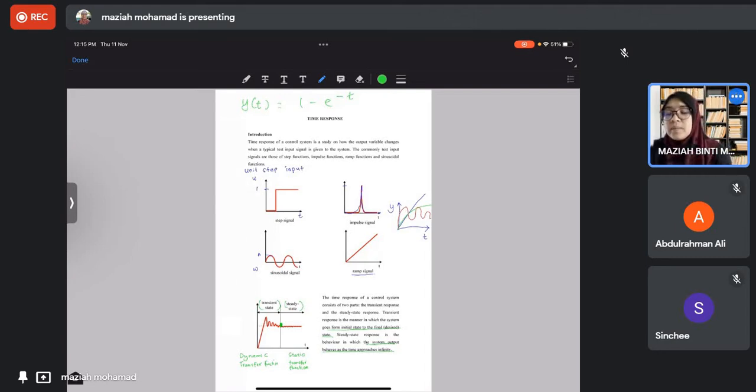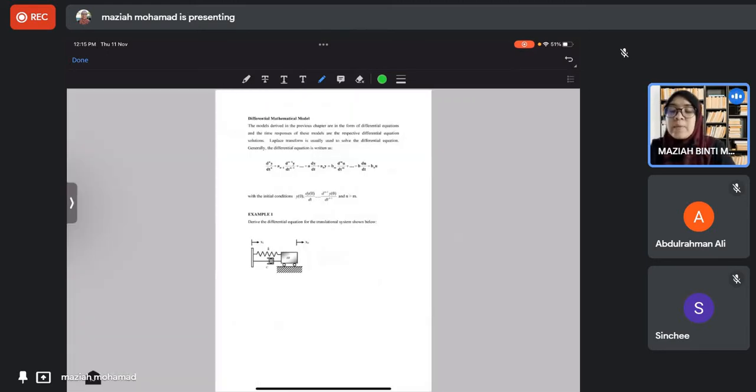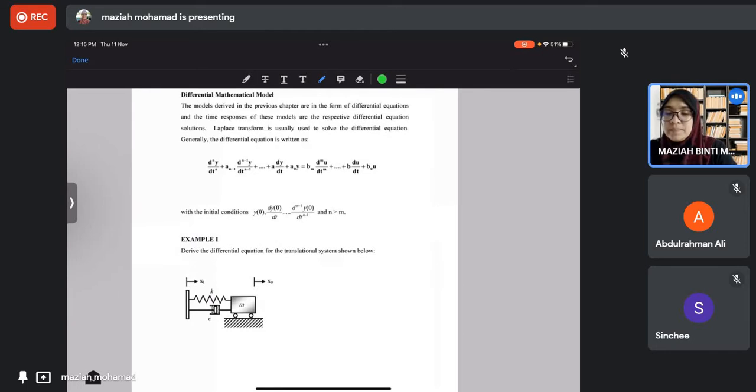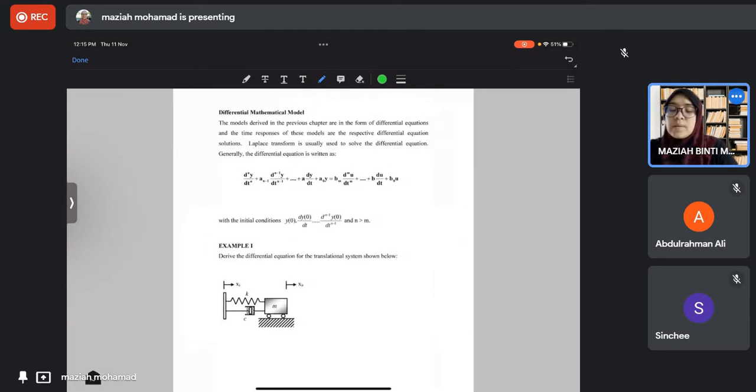But before we go to the steps, let's start with the ODE. I already explained that the transfer function or the model of the system is normally represented in an ODE type model, ordinary differential equation model.